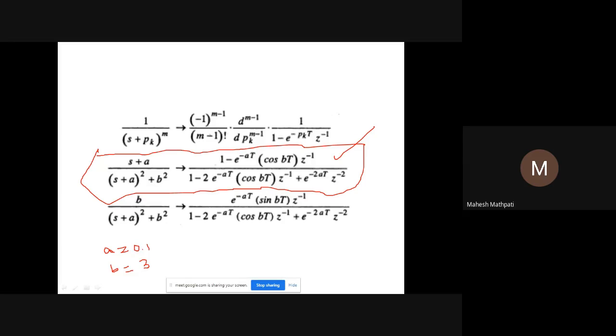Then equation 1 becomes, in that equation 1 you just substitute the values of A and B, and that's your final answer.